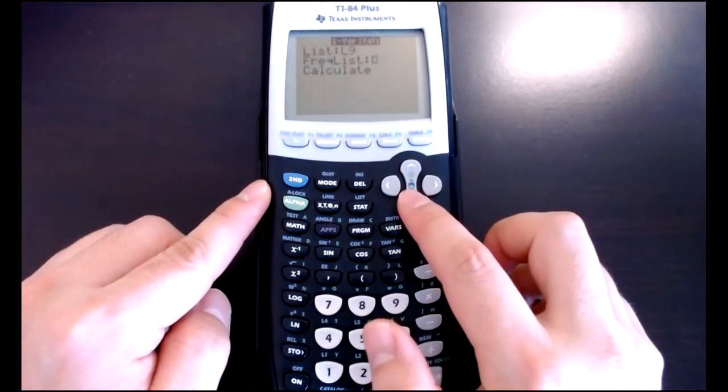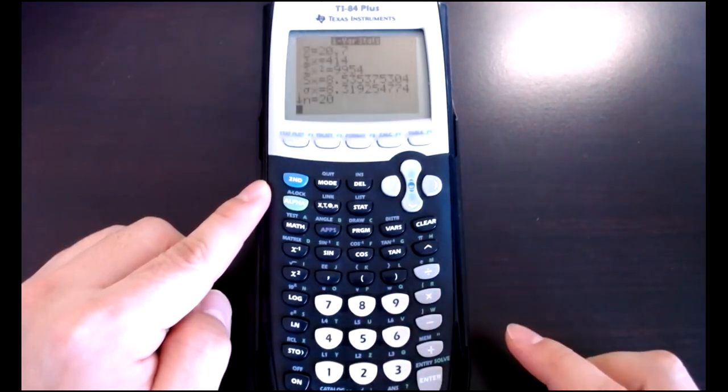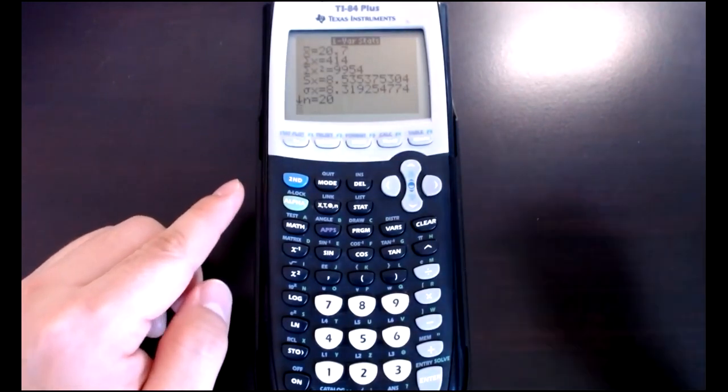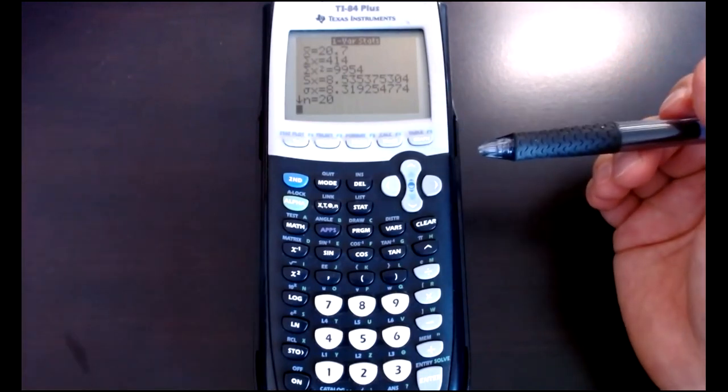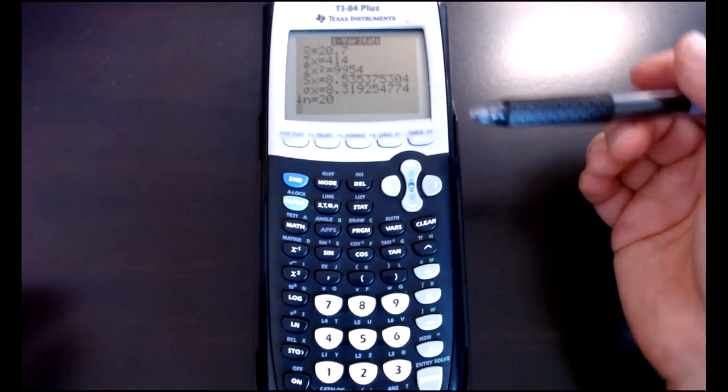Frequency leave empty, and then press calculate. Now we see from one-variable stats that it returns most of the basic information about that data set.